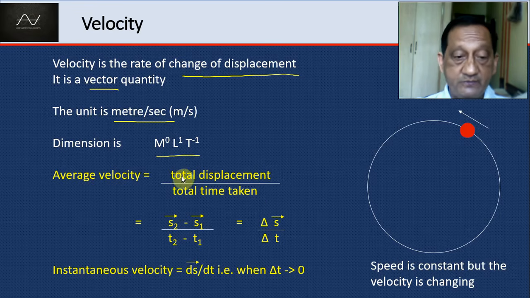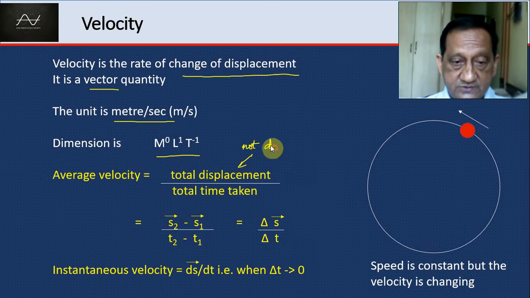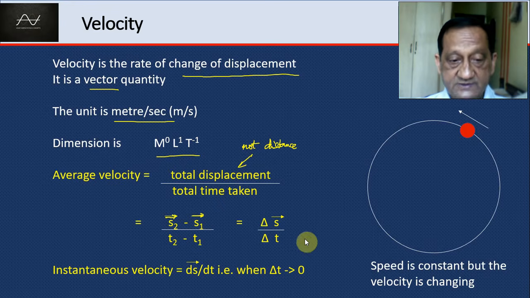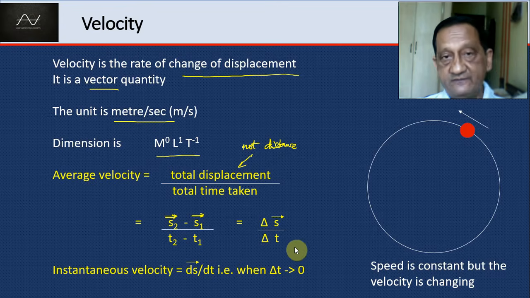Average velocity will be total displacement, not total distance, divided by the total time taken. So now S2 will be a vector and S1 will be a vector, and delta S is a change in displacement, is a vector, and delta t is the time. That is the average velocity in a time interval delta t.